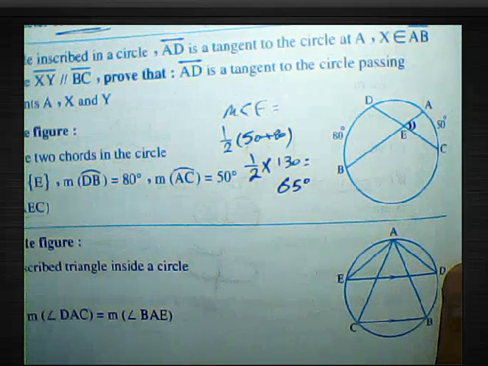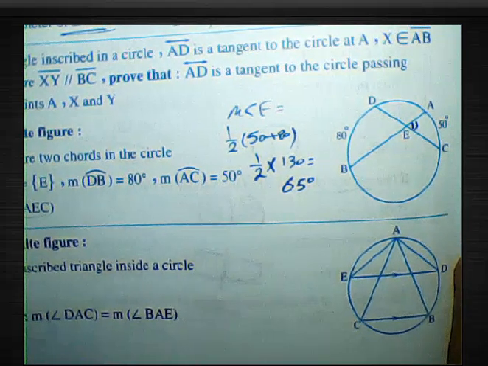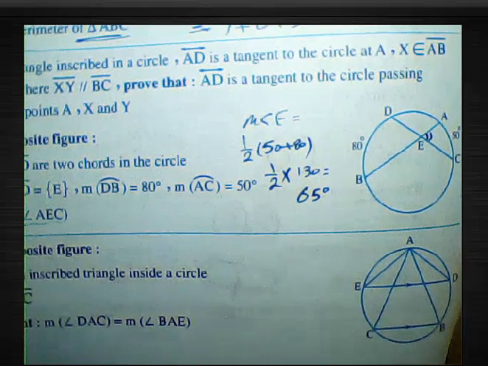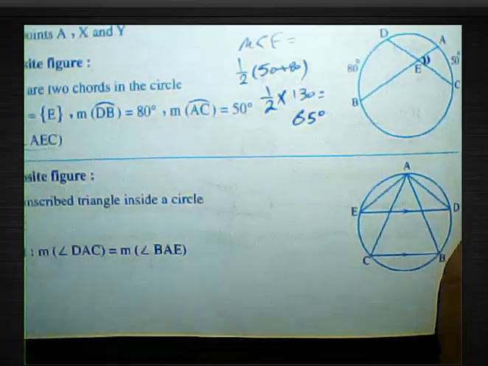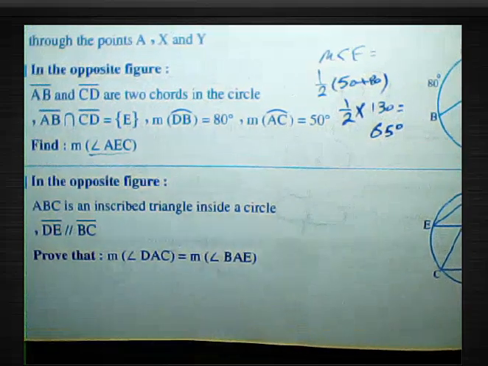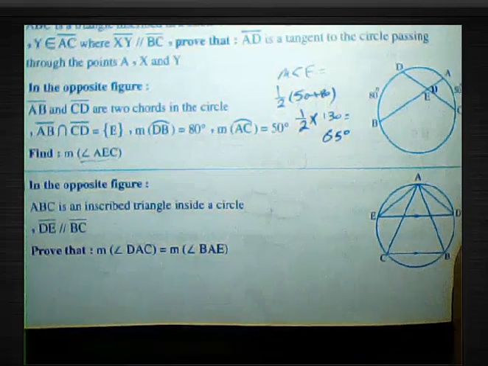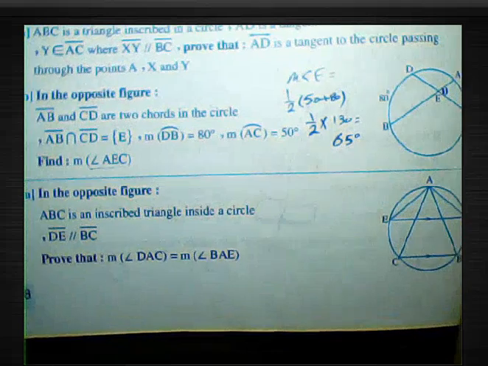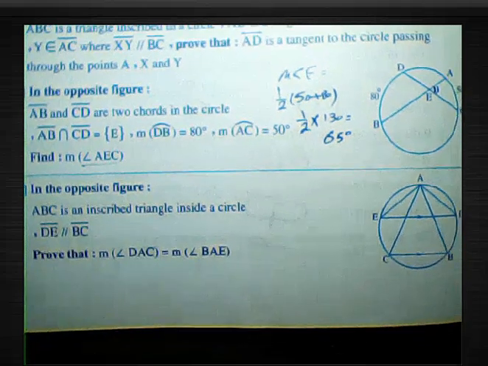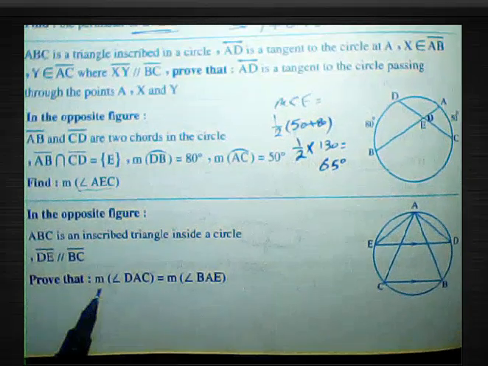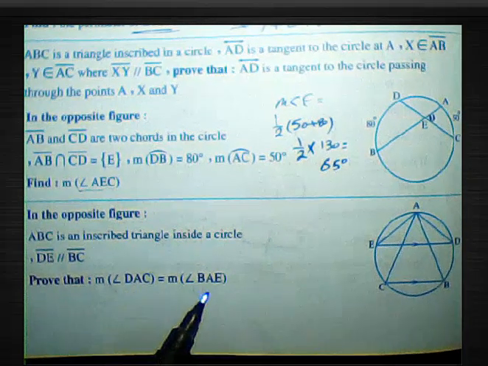Next question here. ABC is an inscribed triangle in a circle, and DE is parallel to BC. Prove that the measure of angle DAC equals the measure of angle BAE.